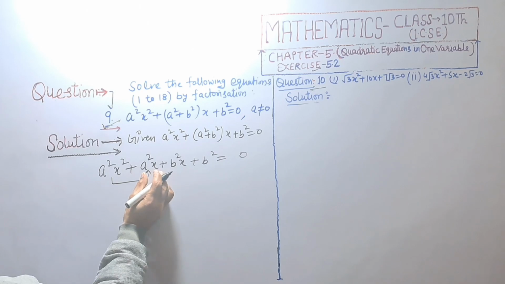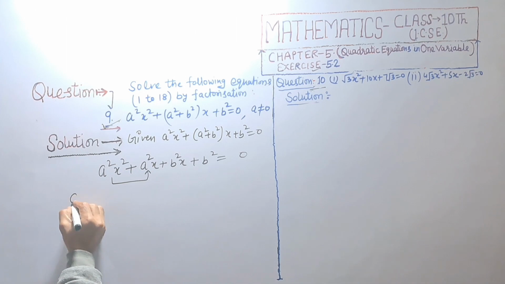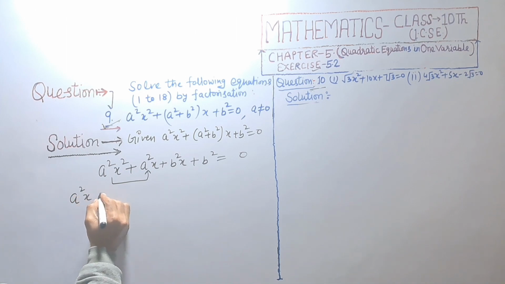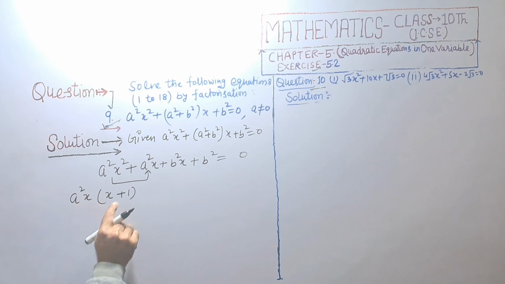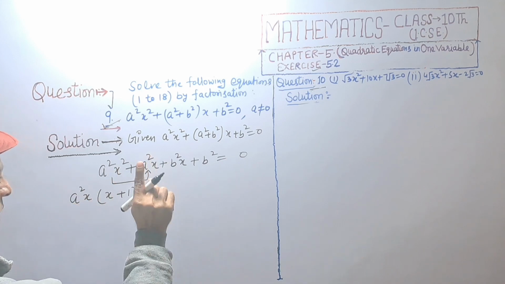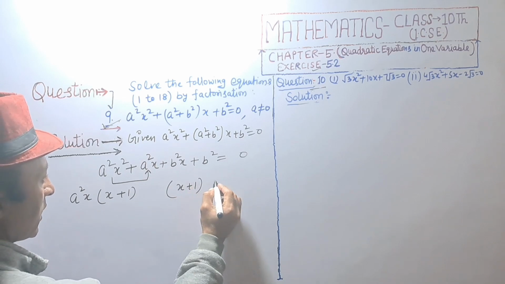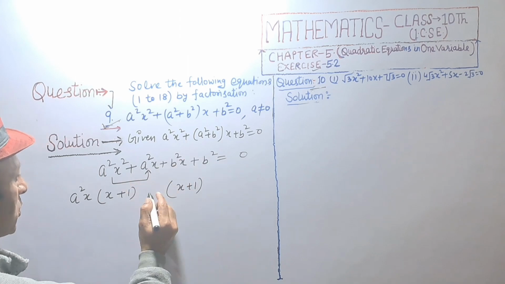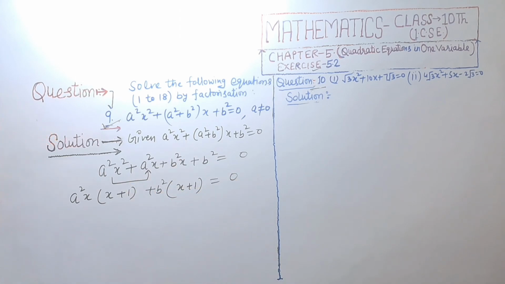From the first two terms, we are taking common a²x. a²x is common, and in bracket x + 1. a²x multiplied by x is a²x², and a²x multiplied by 1 is a²x. And x + 1 in bracket, b² common, equal to 0.